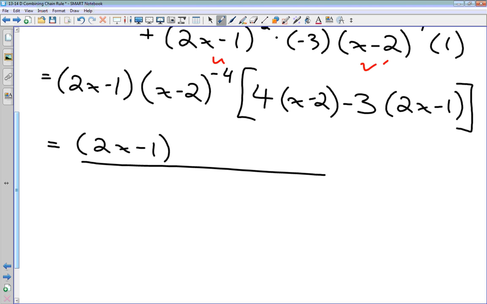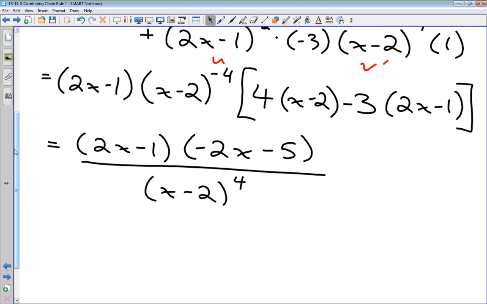Let's see. 4x minus 6x gives us negative 2x. Negative 8 plus 3 is negative 5. And down on the bottom, x minus 2 to the power of 4. And that's as good as we can get. So, if you can, cheat when you're using the quotient rule and change it into the product rule.